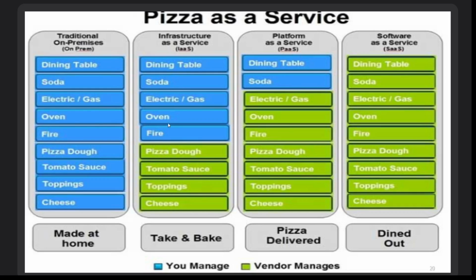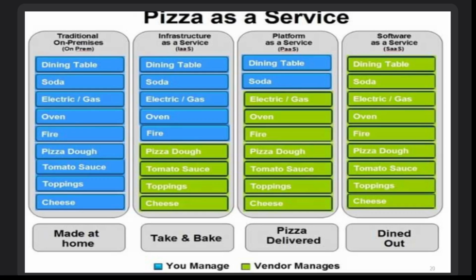In the case of the infrastructure as a service, which is similar to take and bake, you will get a frozen pizza from the supermarket and then you bring it home and bake it. In the case of the platform as a service, it's similar to getting the pizza delivered to your home.